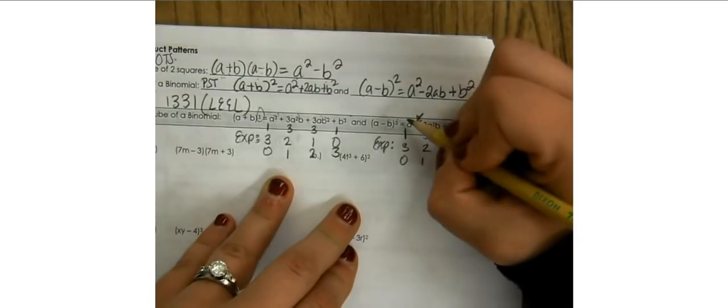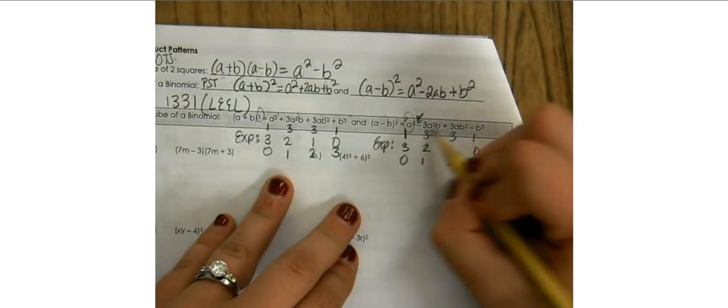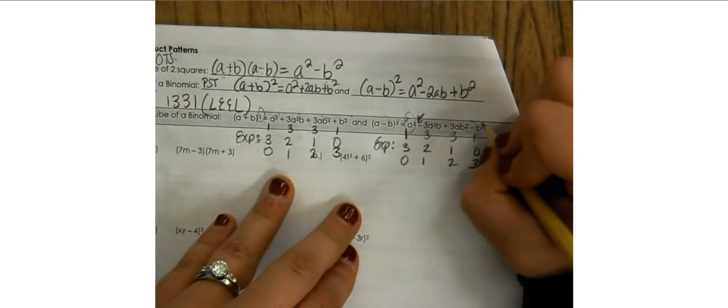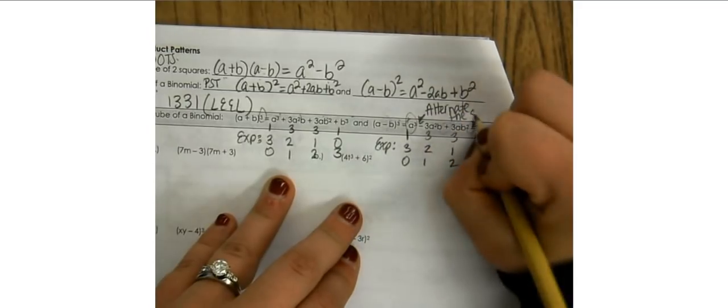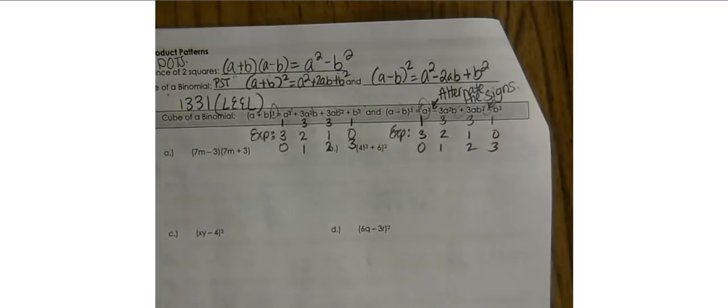It goes positive, which we don't really write the plus sign, negative, positive, negative. We alternate the signs. Let's go ahead and do a few of these examples so that the pattern makes a little bit more sense for you.